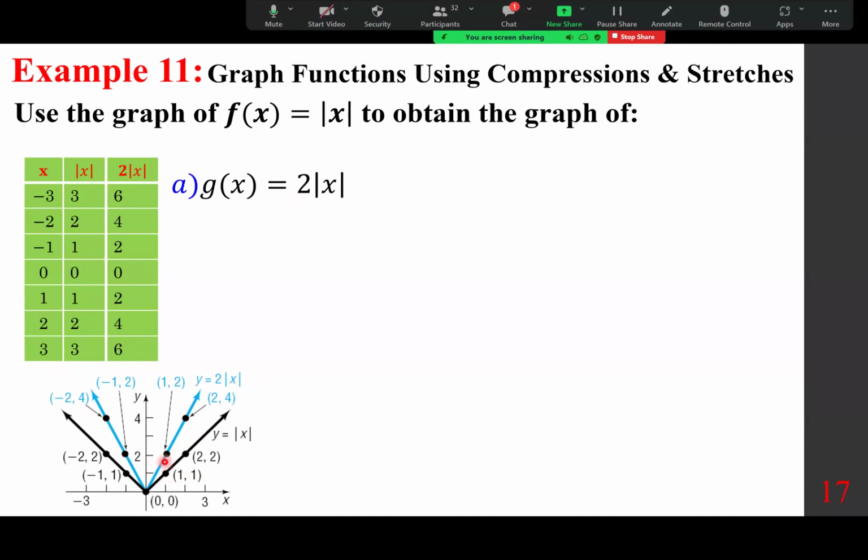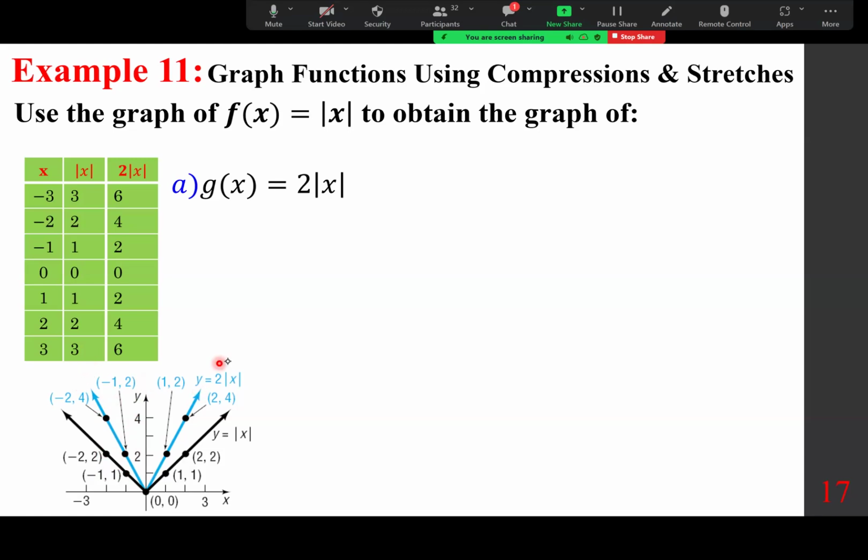But now 1, 1 becomes 1, 2. 2, 2 becomes 2, 4. 0, 0 doesn't change. And negative 2, 2 becomes negative 2, 4. Negative 1, 1 becomes negative 1, 2.